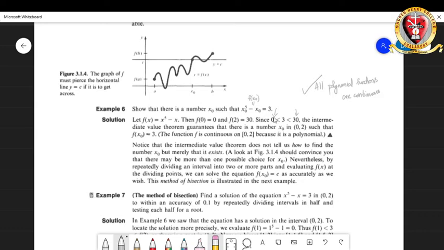For that, we are choosing f of 0. When you find f of 0, you get it to be 0, and we understand that this 0 is to the left of 3, so we can use it.